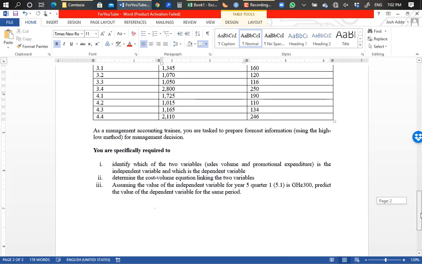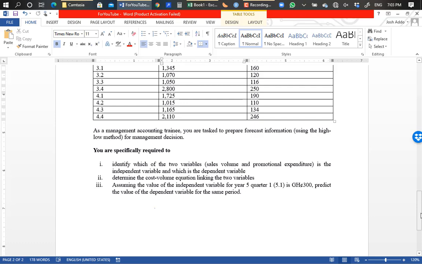You are specifically required to identify which of the two variables, either sales volume or promotional expenditure, is the independent variable and which one of them is the dependent variable. After that, you are required to determine the cost volume equation linking the two variables. And finally, you are required to do this.